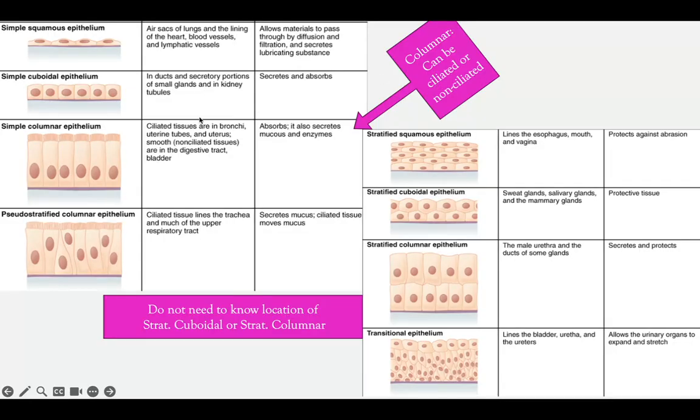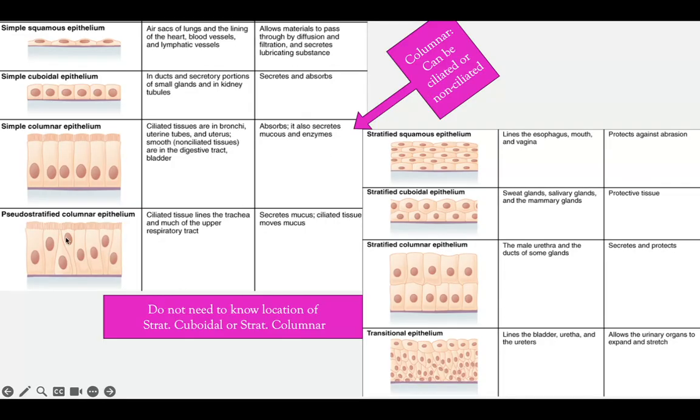We'll talk about that in a minute. With this type of tissue, we're going to see it along the digestive tract, maybe the bladder, the bronchi, and the uterine tubes, which are also called fallopian tubes, which you may have heard of. They're going to be absorbing, but also secreting.